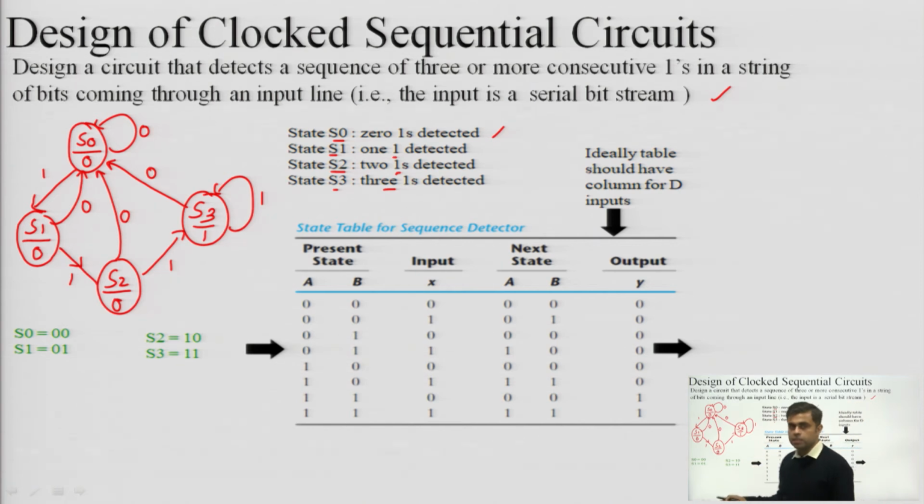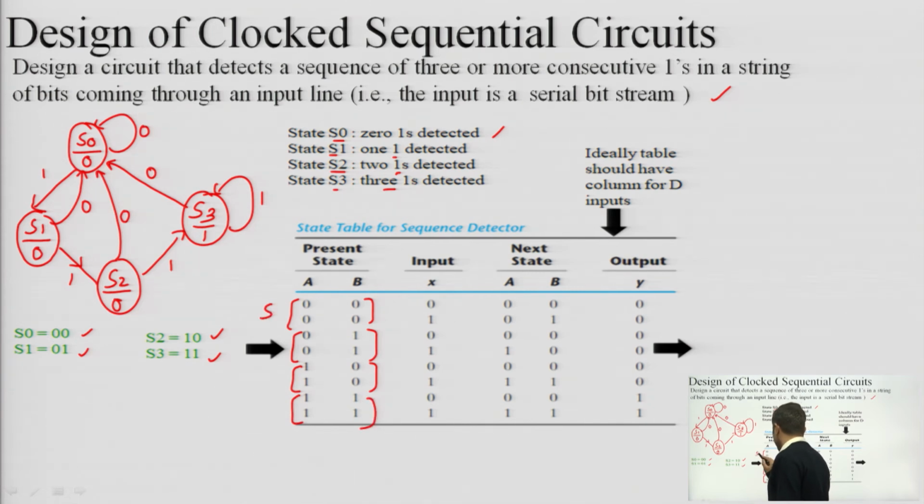preparing the state assignments. So there are 4 states: S0, S1, S2 and S3. S0 is denoted by 00, S1 is denoted by 01, S2 is denoted by 10, and S3 is denoted by 11. So in the state table we have to examine carefully that these are S0, S1, S2 and S3 only.